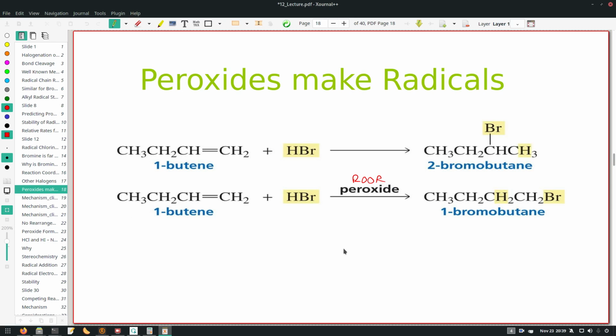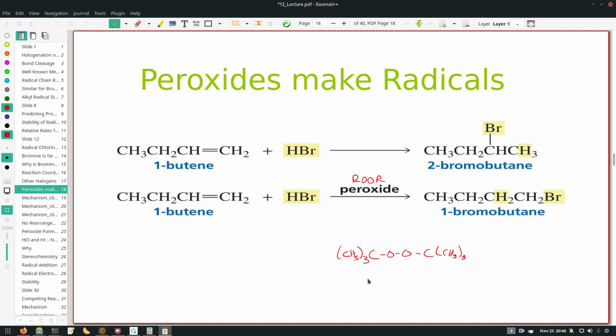You will also see a little bit more common, where they will write out what R groups they are. Now, this is a tert butyl group.